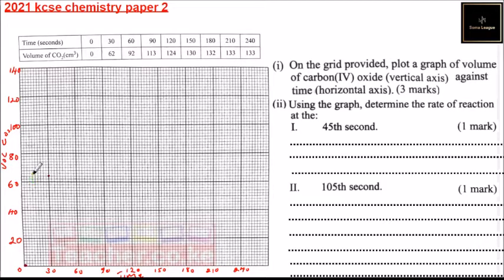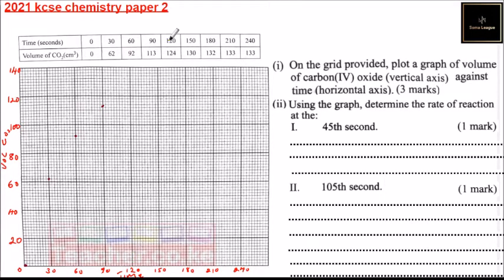One small square represents 2 because they are 20. So 92 is there. At 90, we have 113, so 113 should be there.